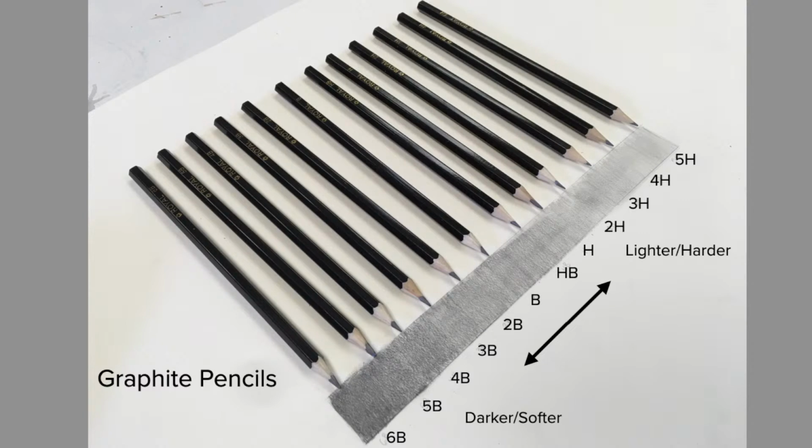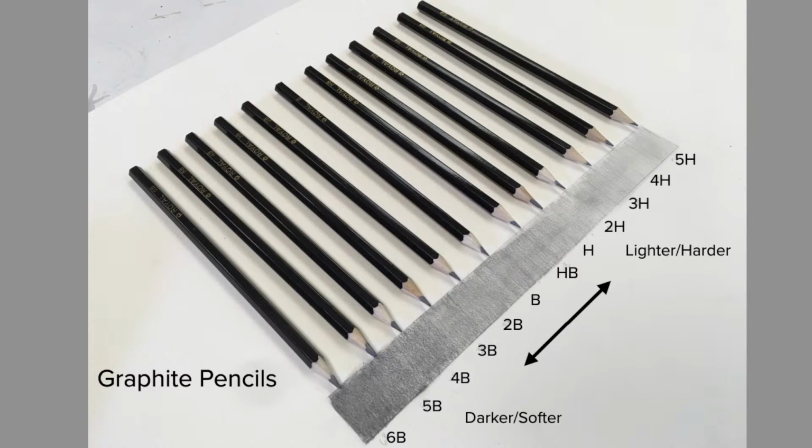And if you have them but you're wondering, these are the differences between those pencils. Somewhere in the middle, like HB, that's the middle gray. Towards a bigger number of B's, it gets darker and softer. And towards a bigger number of H's, it gets lighter and harder.